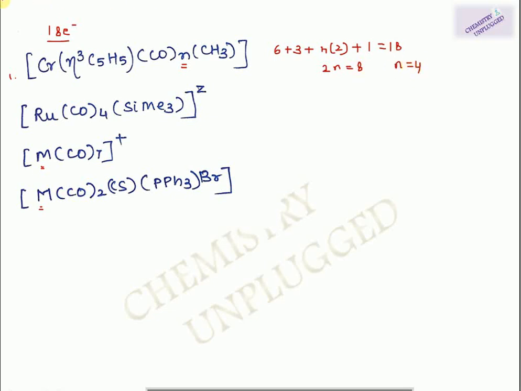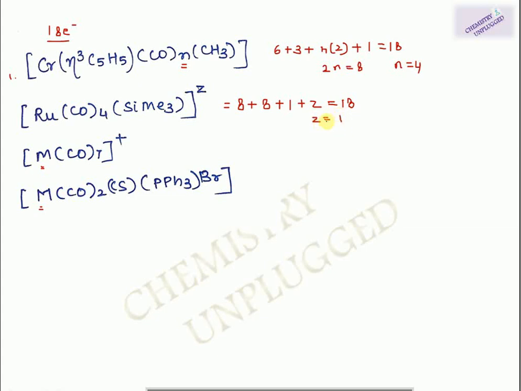In the next example, you have to find out the charge on the complex. We have ruthenium here. Ruthenium has 8 electrons in its valence shell, belongs to the iron family. CO will provide 2 electrons. We have 4 CO, so it will become 8. SiMe3 will provide 1 electron. Then we have this charge Z. So we will first add it as it is, then we will set it equal to 18.